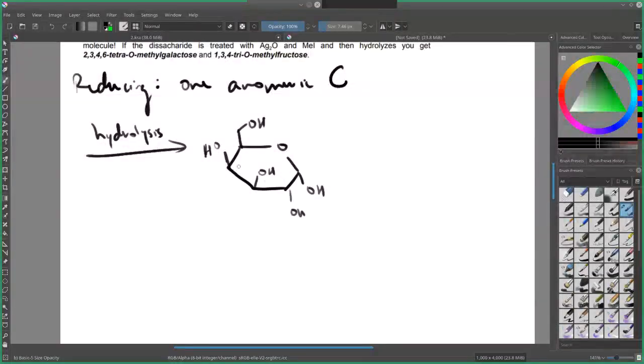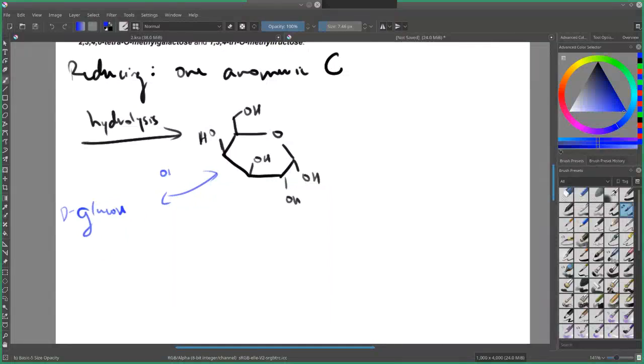Does anybody remember what the name is for galactose in relation to glucose? Was it like the C carbon for epimer? Epimer? Yeah. So these two are called epimers, if you just flip one of the carbons.